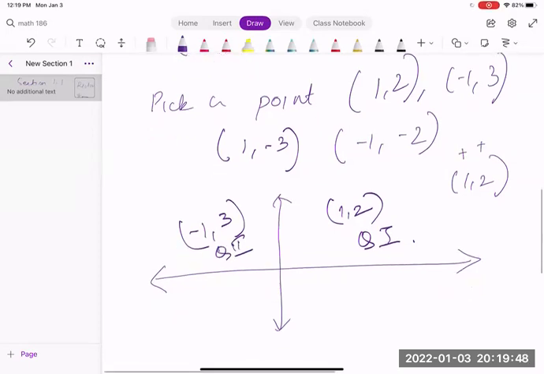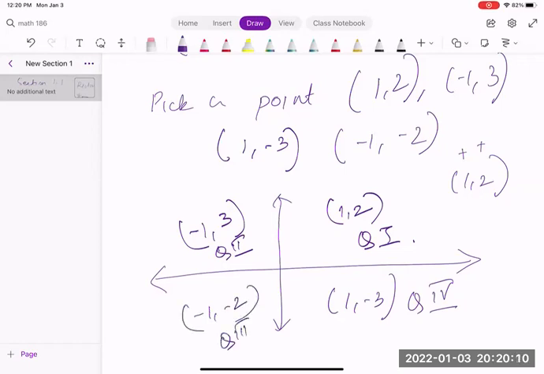Next, the point (1, -3), where x is positive and y is negative, is situated in quadrant 4. And then the point (-1, -2) is situated in quadrant 3, because both of them are negative.